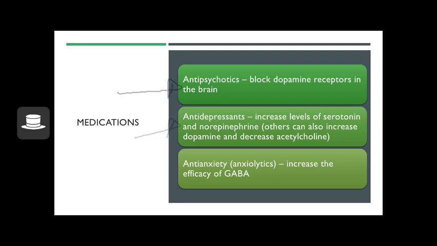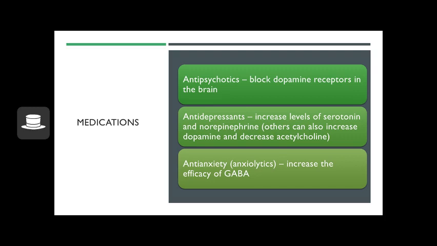So, there's no one size fits all treatment. Psychopharmacology can oftentimes be trial and error because certain people are going to tolerate certain side effects and be really bothered by others, right? So if I take a drug that increases my appetite and causes me to gain a little bit of weight, that might not bother me as much, right? Or maybe it does bother me, and I'm like, I'm gaining too much weight. I don't like this drug.